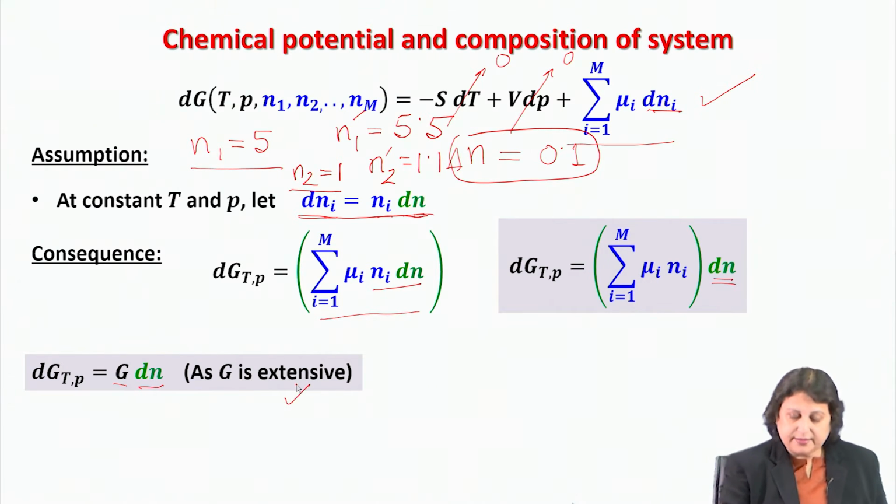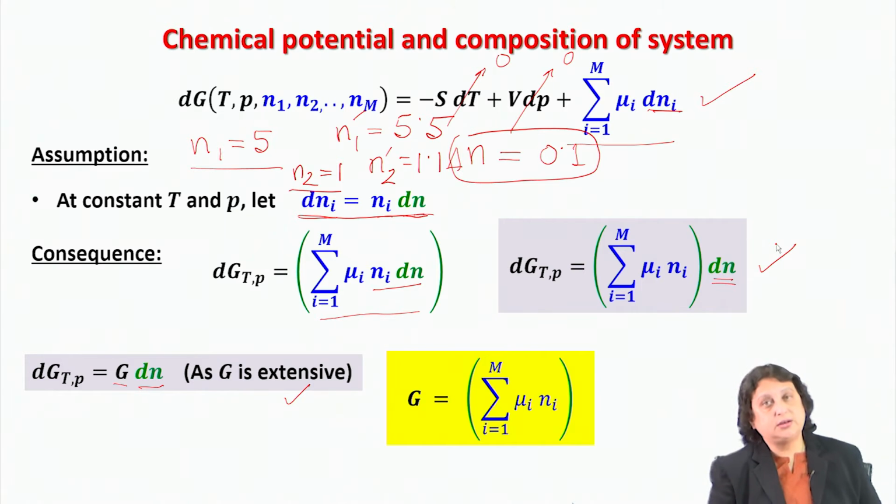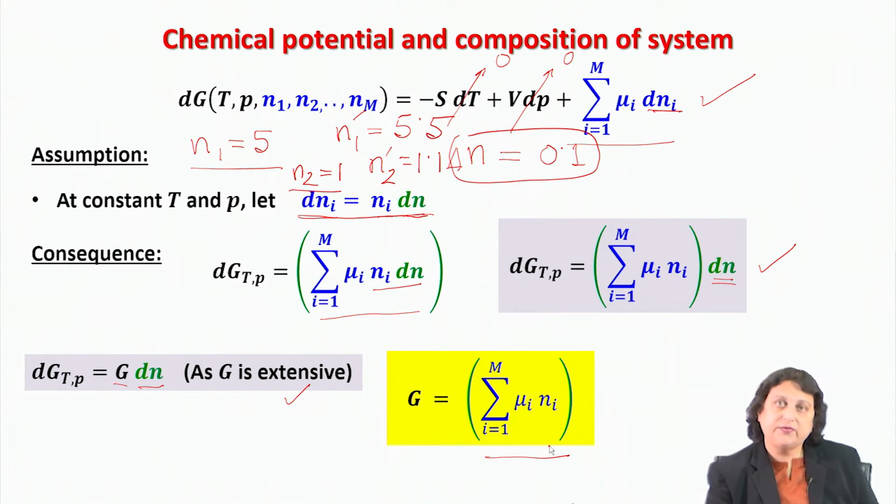Now, if I compare these two equations, what is going to be my immediate conclusion? My immediate conclusion is going to be that the Gibbs free energy at a given temperature and pressure is nothing but a summation of mu i Ni. So this expression is based on a perfectly general construction and exploits the property of G as an extensive quantity.